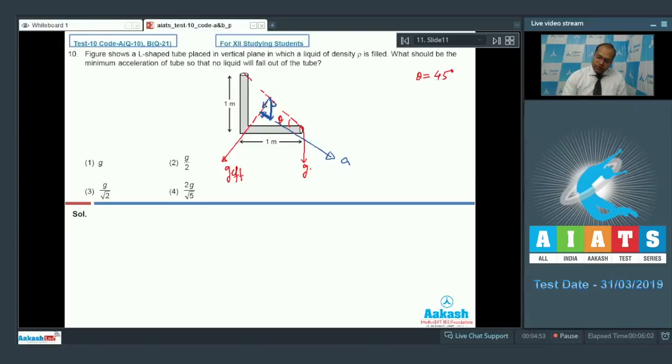So the component of g in this direction is g cos 45 degree. So the value of a is equal to g cos 45 degree, or it is equal to g by root 2. So option 3 is the correct answer. Let's move to question number 11.